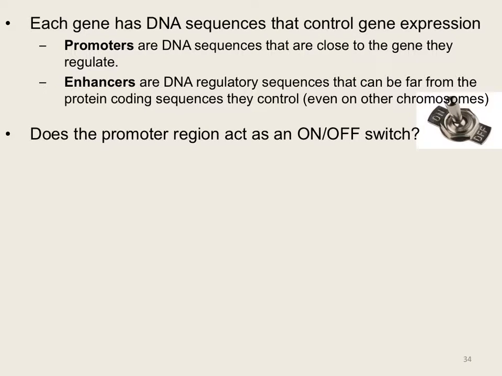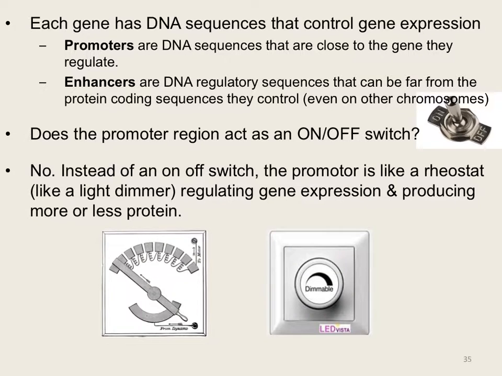So, does the promoter region act as an on-off switch? No. Instead of an on-off, it's more like a dimmer. So now we're saying that the amount of protein product that's actually produced is like a dimmer. You can make more of it, you can make less of it. It's not necessarily on-off.